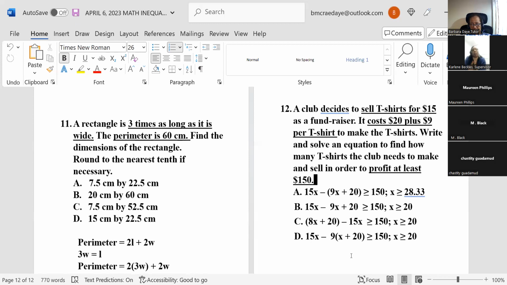So, let's simplify. You're selling them for $15. X represents the number of shirts. Answer the A or D. Any answers?